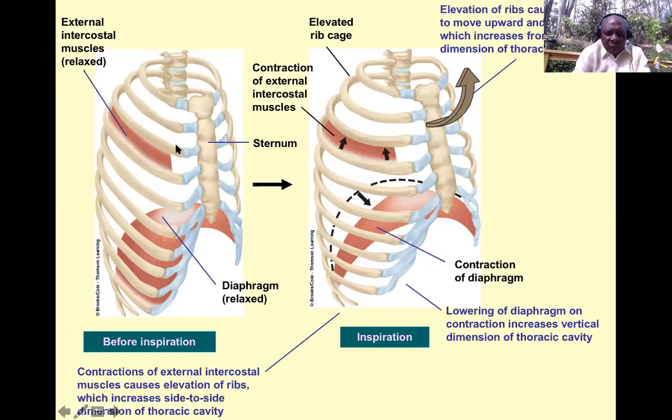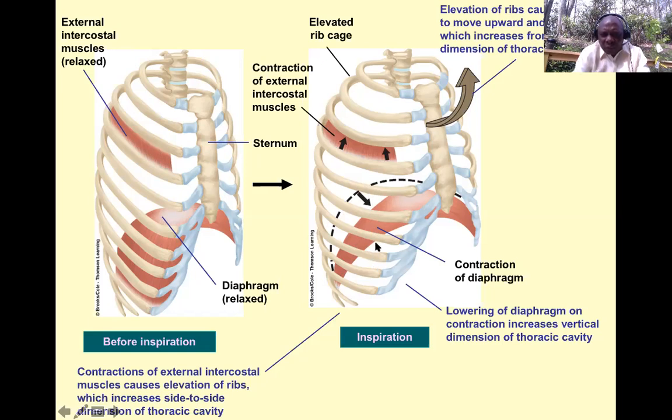You have the sternum and the ribs. This is before inspiration, and the muscles are relaxed. When you breathe, you see the external intercostal contracting, expanding the thoracic cavity forward, backward and also sideways. And you see the diaphragm going down from its original position in a vertical direction.